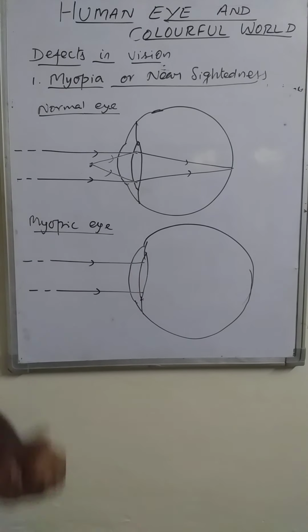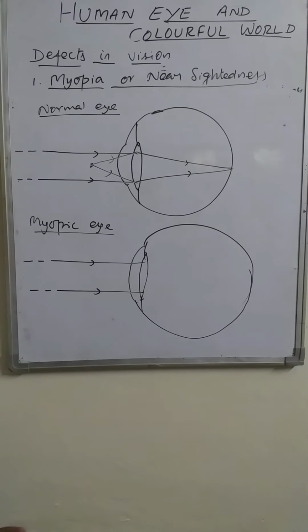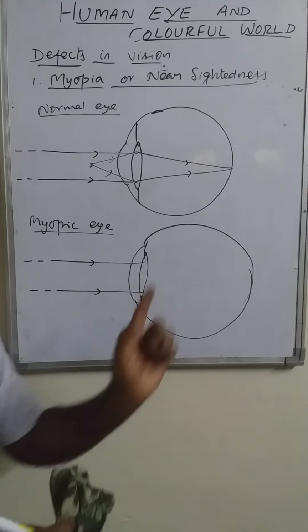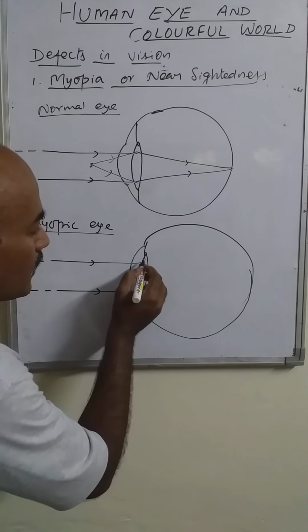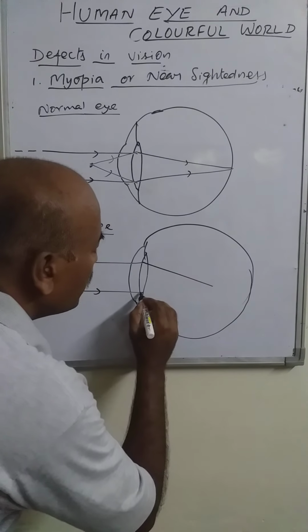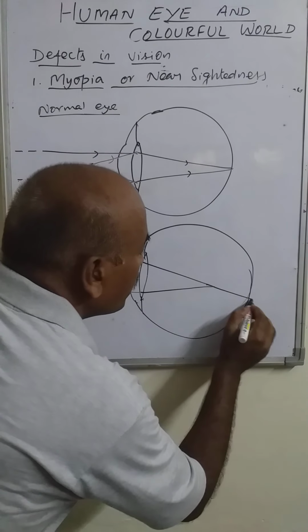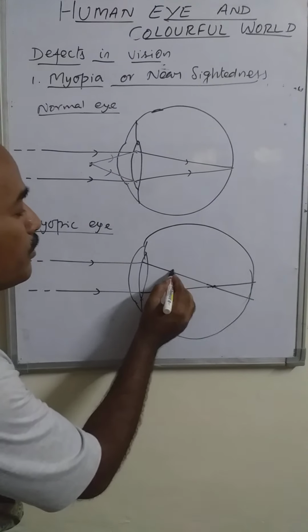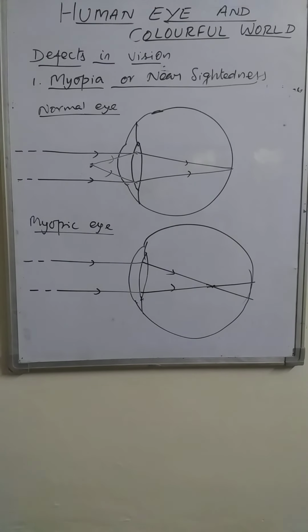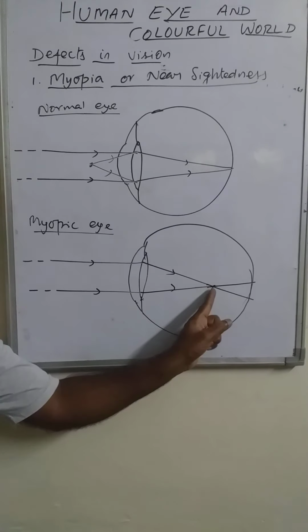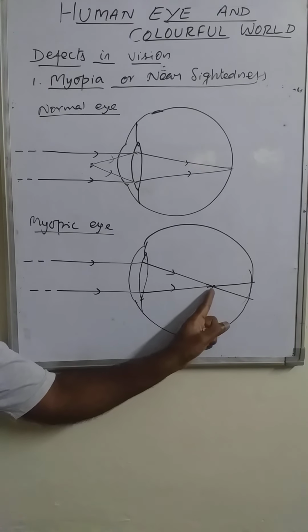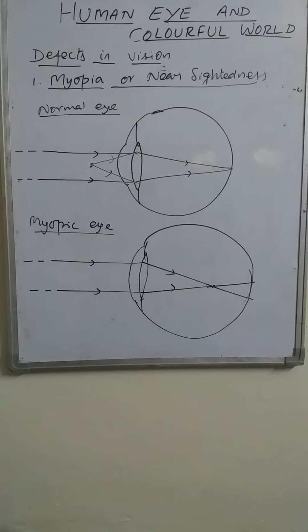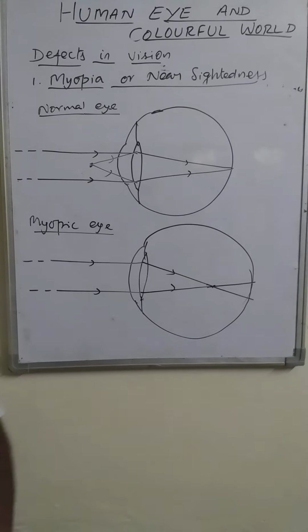Because of decrease in focal length, the eye lens is not able to converge all the light rays on the retina. Rather, it converges the light rays before the retina. So the image is formed before retina, not on the retina. Image is formed means the light rays are converging before the retina. It doesn't mean that no light rays are reaching the retina.